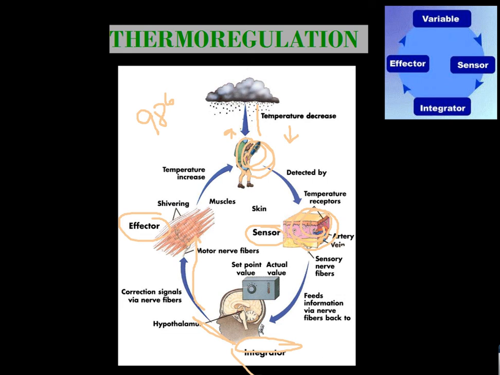Now if the opposite were to happen and this hiker was overheating, the same sensor would sense it and send it to the same integrator, but the response this time would be different. The response would be dilating blood vessels in the skin to release the heat and sweating to have heat removed with water. So you have followed this process for homeostasis, and that is a negative feedback system.